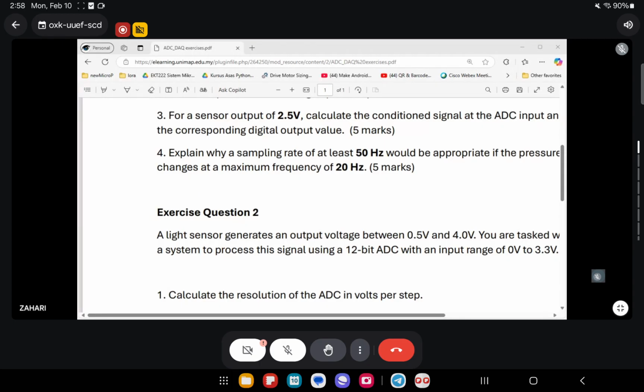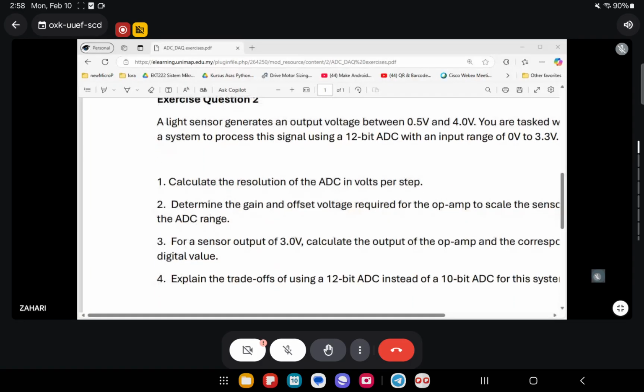Next, the second question. Determine the gain and offset. Again, if you look at the question, the voltage starts at 0.5 and the maximum is 4.0. So certainly we are not going to use a non-inverting amplifier; we are going to use the inverting amplifier.